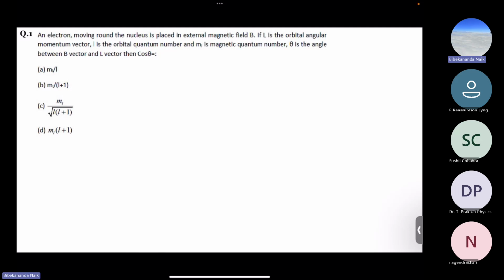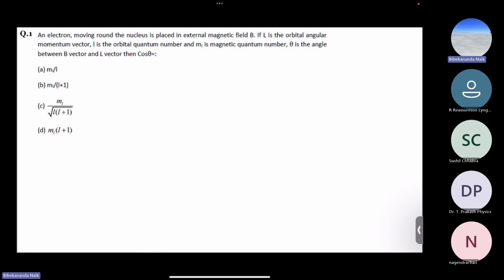That includes mainly the introduction of electron spin, Stern-Gerlach experiments, then the vector atom model, like how the orbital motion and spin motion of the electron result in angular momentum, and from that angular momentum there arises the magnetic moment, and due to the interaction between these two magnetic moments, there is another new type of angular momentum which is called the total angular momentum. So we will solve a few problems related to all these things.